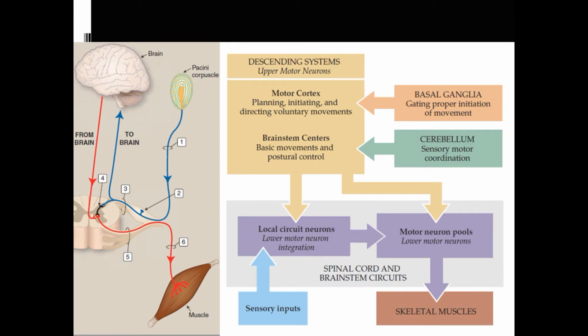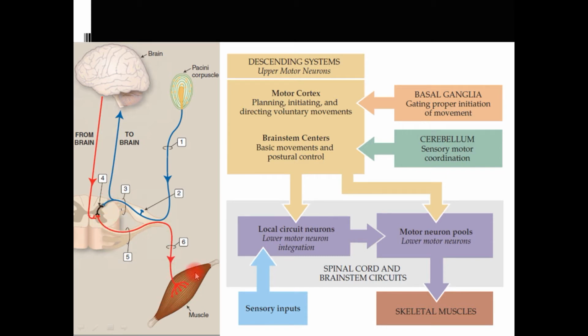So coming to the general introduction, as you can see here, the main function of our motor system is to contract muscles and to cause movement or to cause some action. So how does it perform? By the help of sending signal from the brain through the neurons to the muscles.